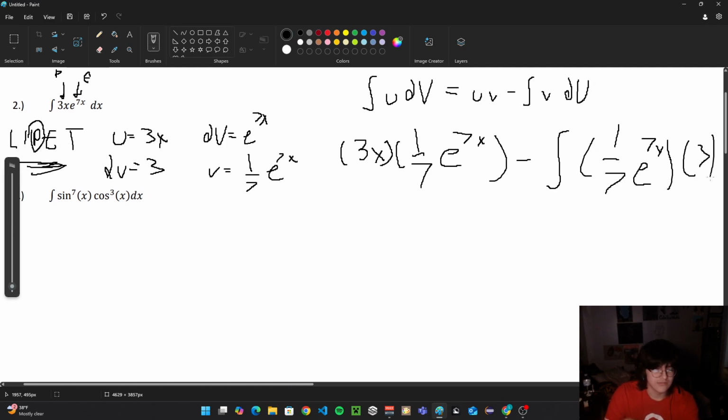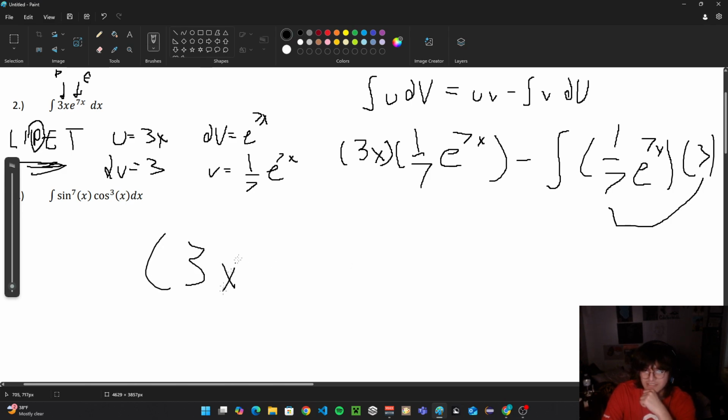So we're going to do some mental math. It's not that hard. We multiply these together, giving us 3 over 7 times e to the power of 7x. In order to find the antiderivative of that, you would have to multiply by 1 over 7. So 3 over 7 times 1 over 7 gives us 3 over 49. So we're just going to bring down everything else.